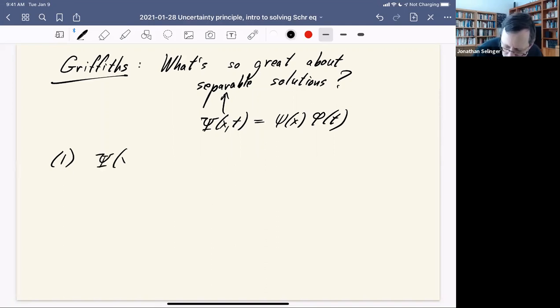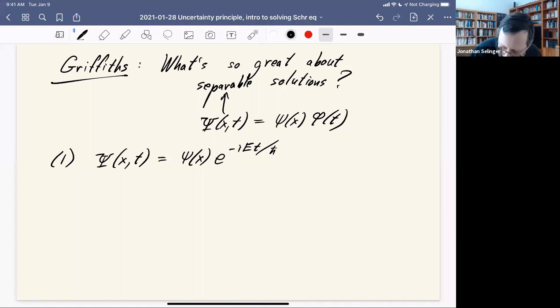We know how they depend on time. So we know that psi of x and t is some function of x times what we already solved for, the exponential of minus i E t over h bar.